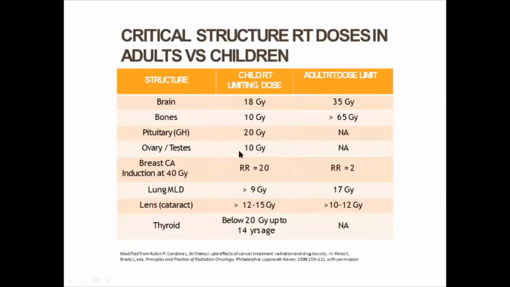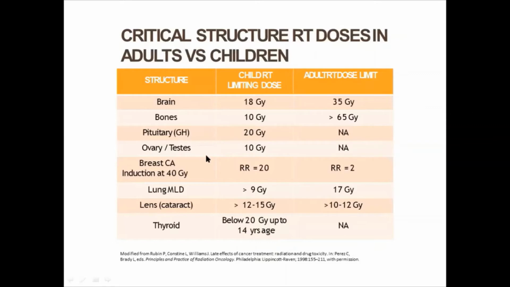In this slide, we see the critical RT doses to particular structures in children and in adults. As we see, the limiting dose of radiation in children to the brain is around 18 gray. For bones it is 10 gray, pituitary 20 gray.